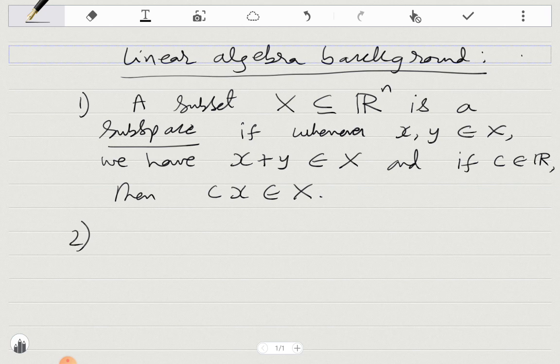Right. So the next thing is the concept of a linear combination.